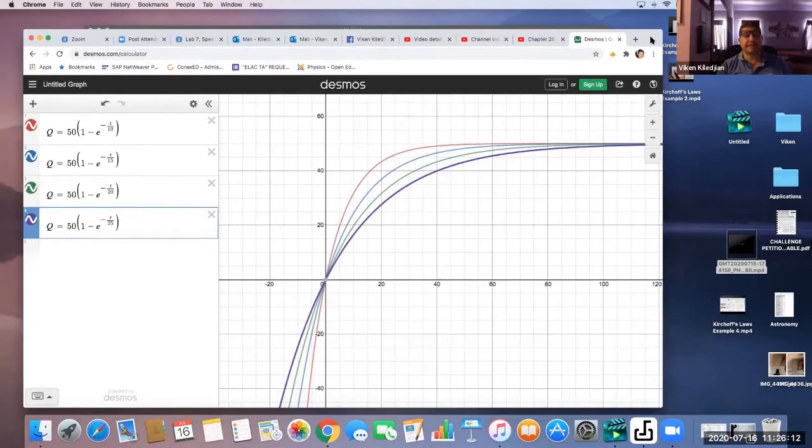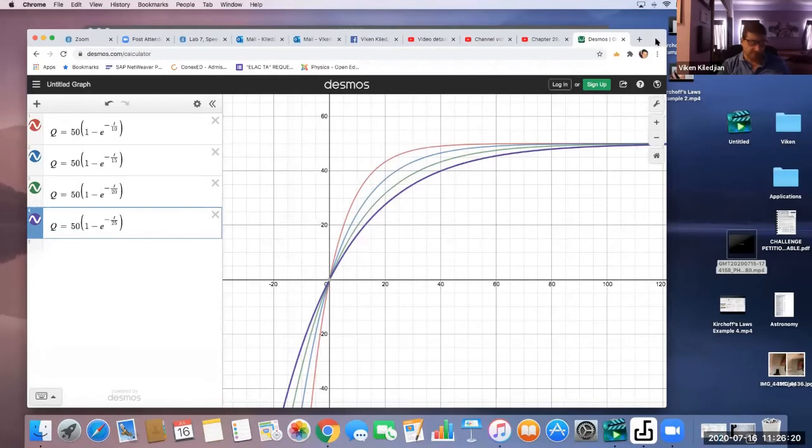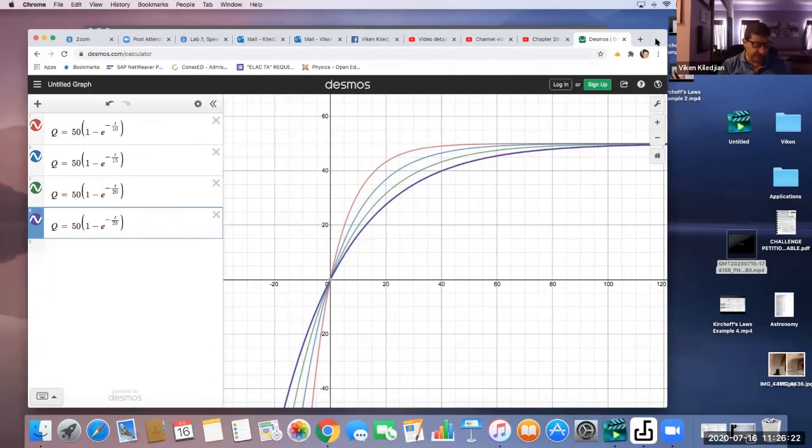Now, what if I keep the resistance the same, but change the capacitance? What happens then? Let's say I go from 5 capacitance to 6 to 7, like that. Now, how does the equation change?